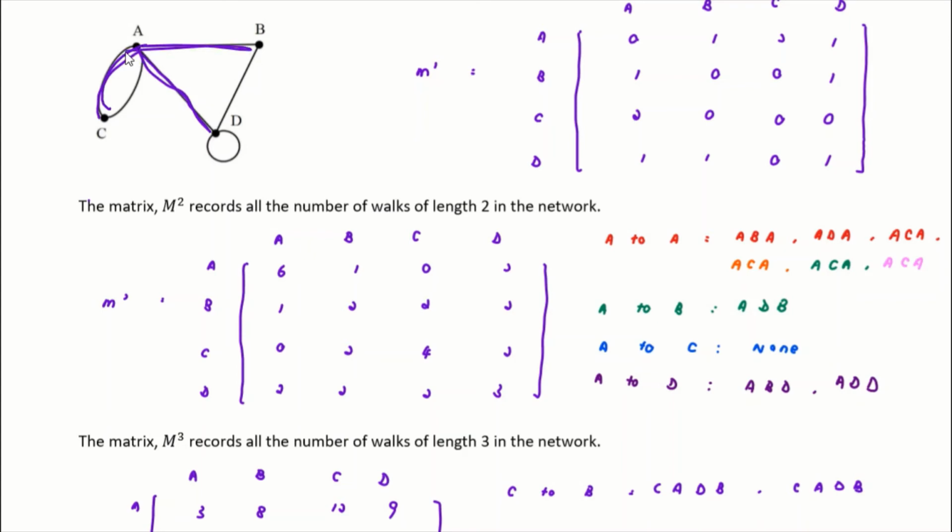You see, C to A, 1, 2, 3. That's the first one. 1, 2, 3, second one, and then 1, 2, 3, third one. 1, 2, 3, fourth one, and then 1, 2, go back to A.